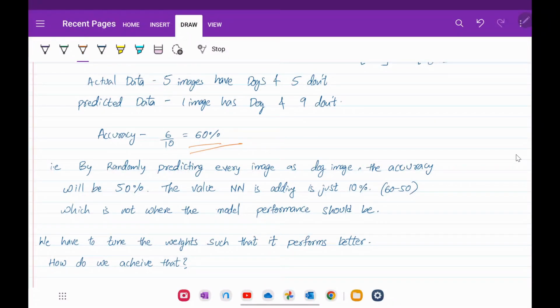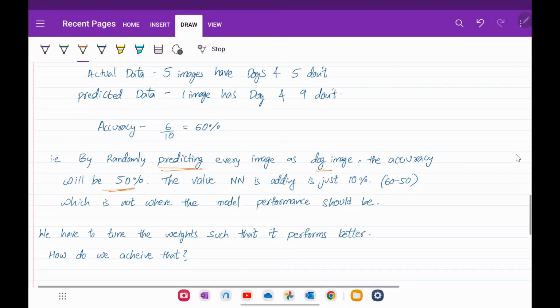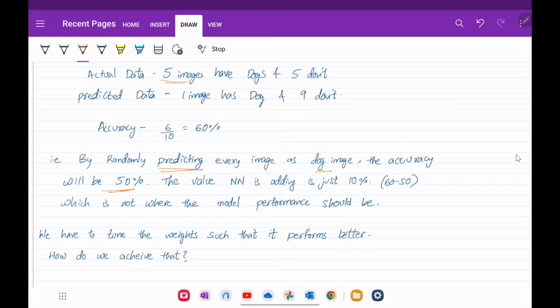But here's a catch. If we randomly predict every image to be a dog image or not a dog image, then we will be able to predict 50% of the data correctly because just 5 images contain dogs. So if you do a random guess, you will be right 50% of the time.